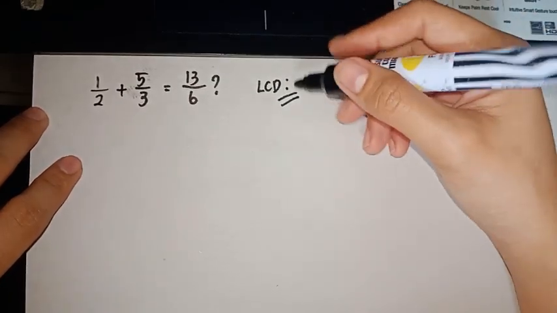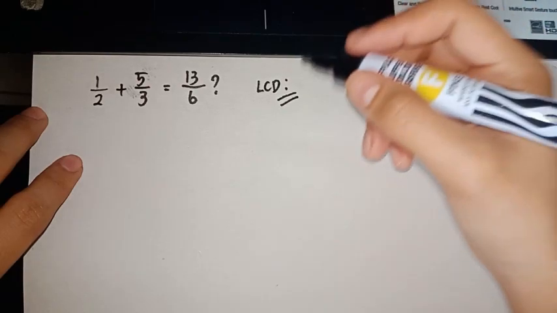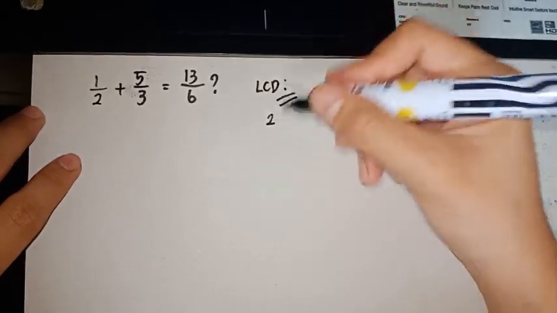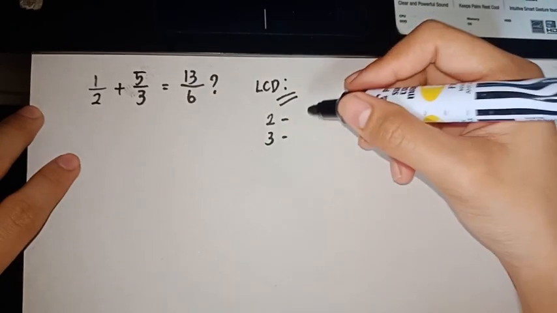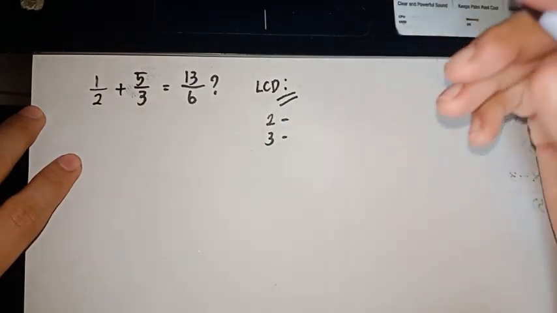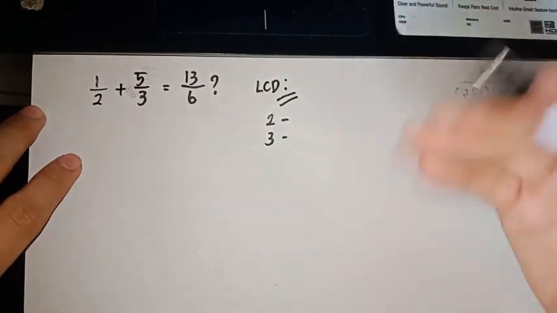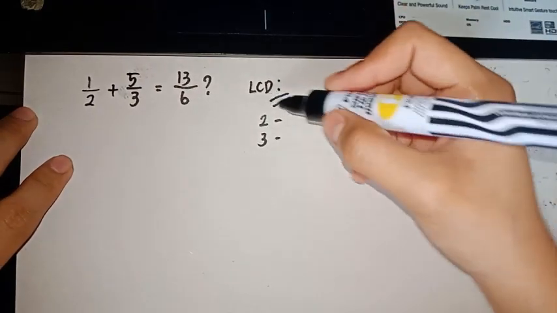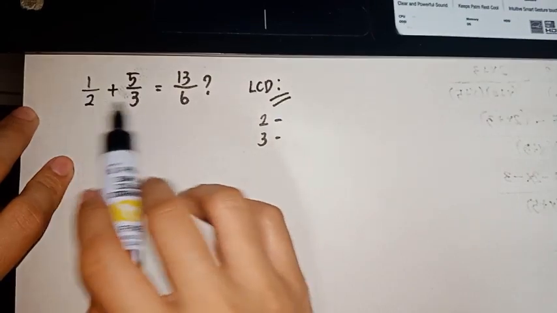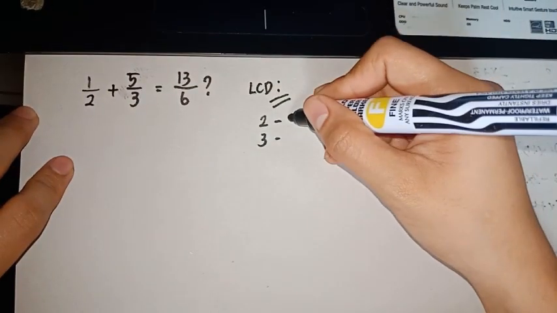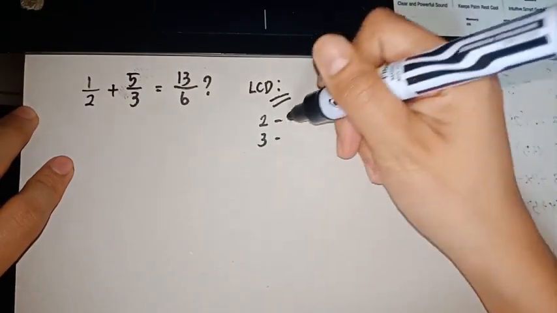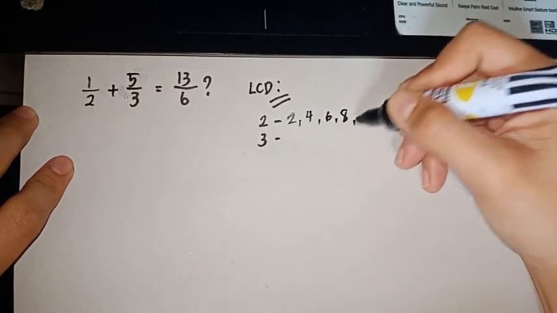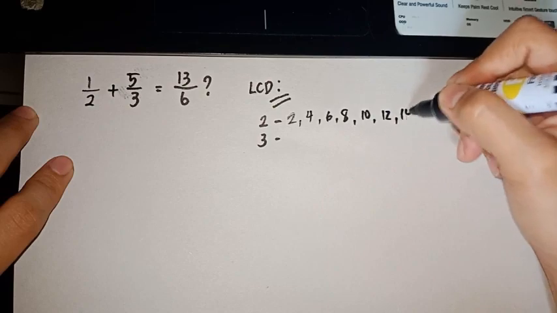How can we find the least common denominator? In basic mathematics, you take the denominators and get their multiples. The number with the least common multiple will be our LCD. So let's try this one out. The denominators are 2 and 3. The multiples of 2 are 2, 4, 6, 8, 10, 12, 14, and so on.